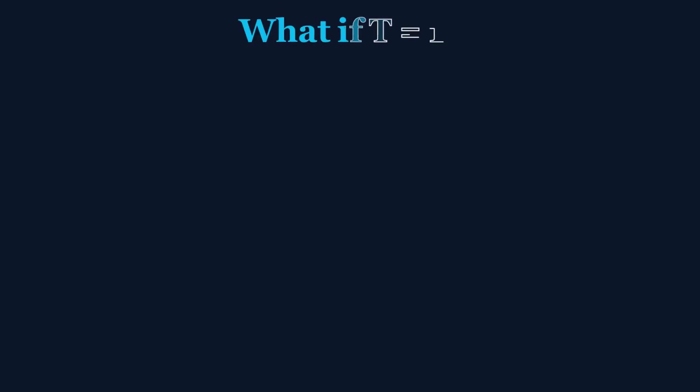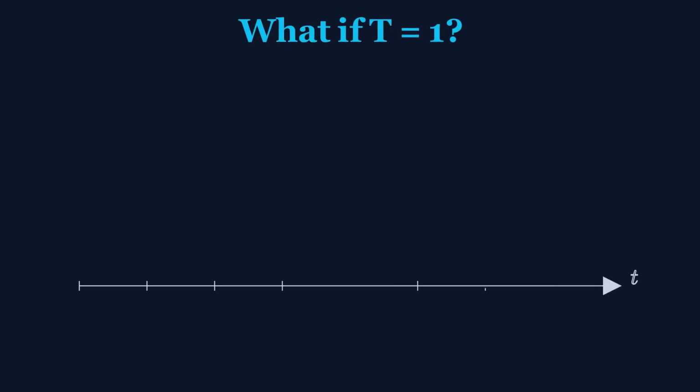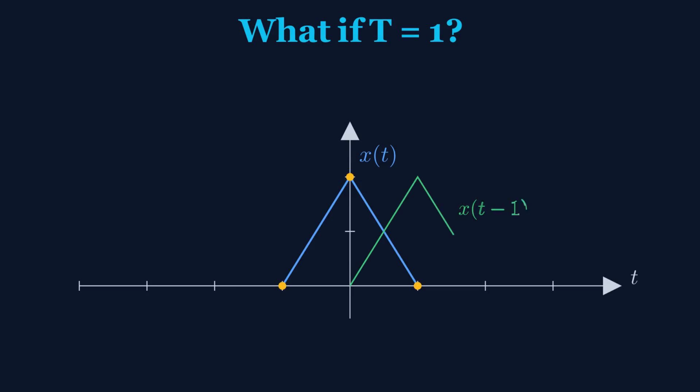Now, here is the interesting case. What happens when the copies do overlap? Consider our triangle x of t on the interval -1 to 1 and set T equals 1. The copies x of t minus 1, and x of t plus 1 all overlap.